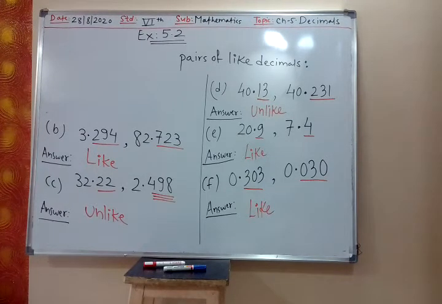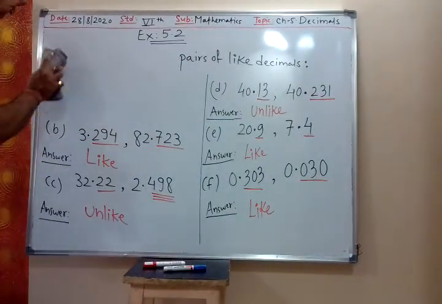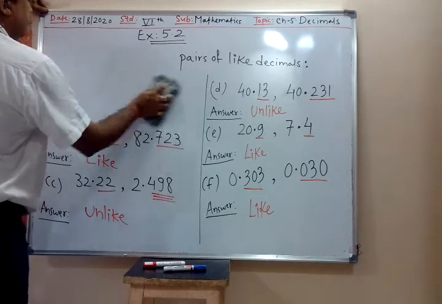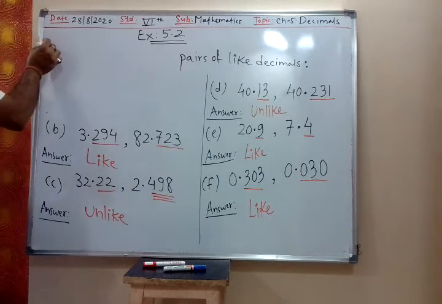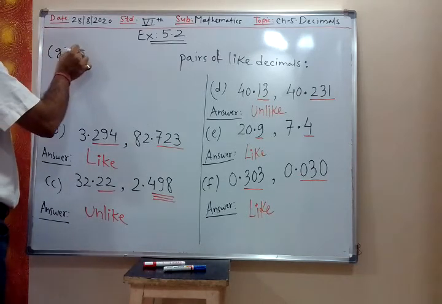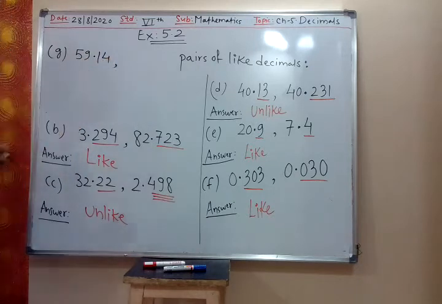Now F. Now we'll do G. G is 59.14 and 59.311.